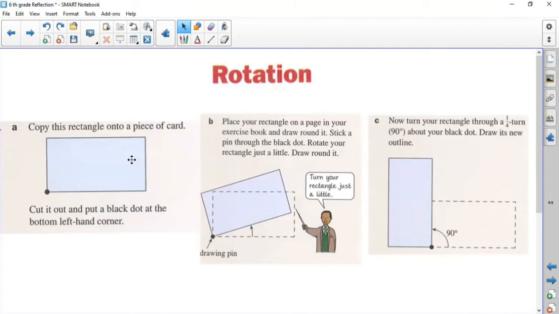Then when you put the rectangle that you have cut on your original rectangle, you can rotate it according to this point, and you'll see how the rotation is performed. When you make a 1/4 turn, which means a 90-degree turn, the object will come like this. So you have to try this at home to see how the rotation is performed.